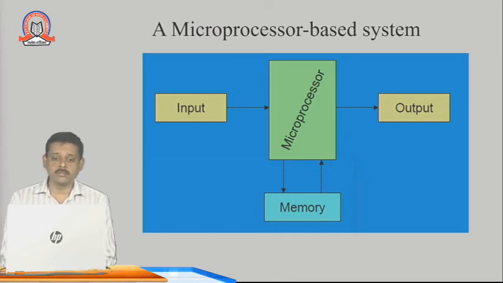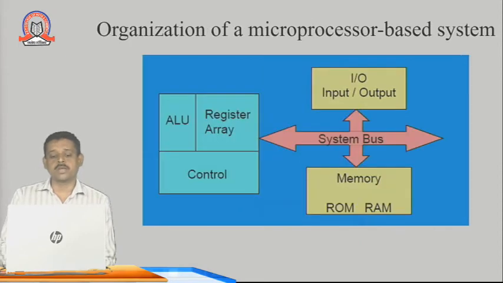Accordingly the microprocessor transfers that command to the particular memory device, and as per the action required it processes the action and shows an output. This is a basic microprocessor based system.